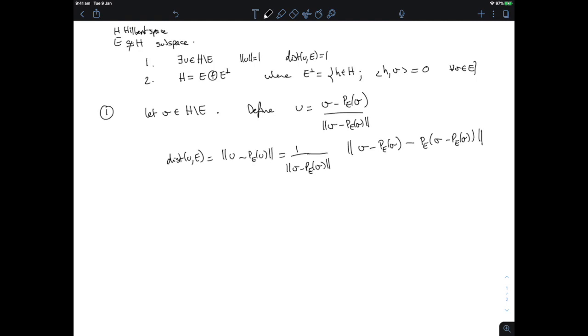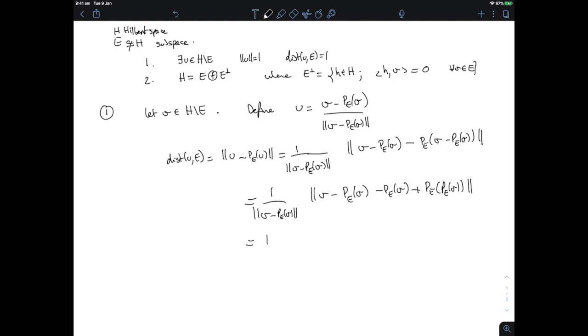And using linearity again, I get 1 divided by this quantity times V minus PEV minus PEV plus PE of PEV. Okay, but PE of PEV, well, PEV is already in E, so PE of PEV is just PEV. So I get minus 2 PEV plus 1 PEV, that's minus 1 PEV, and so this is just 1.